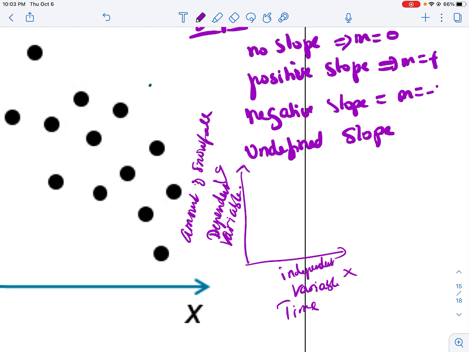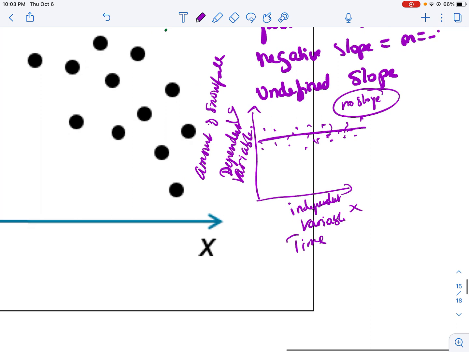I hope you guys now understand what it means to be a dependent or independent variable. If I have no slope, or no relationship between time and amount of snowfall, this is the pattern you should see. Something like this, where you can just draw a line throughout. No slope.